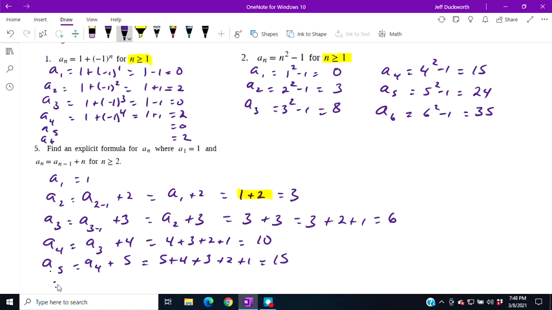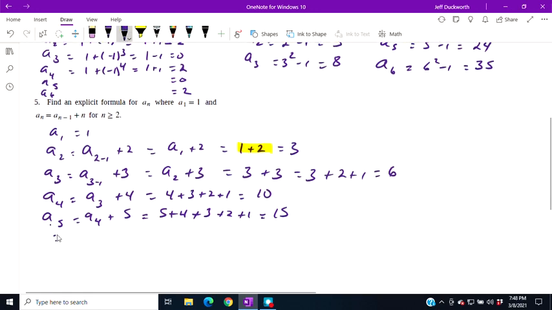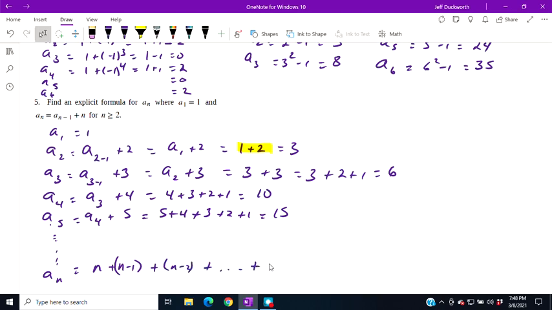But basically, any an is going to equal n plus n minus 1 plus n minus 2 all the way to plus 3 plus 2 plus 1 and so forth. So this is kind of a key series that you should have learned in algebra in some way, shape, or form.